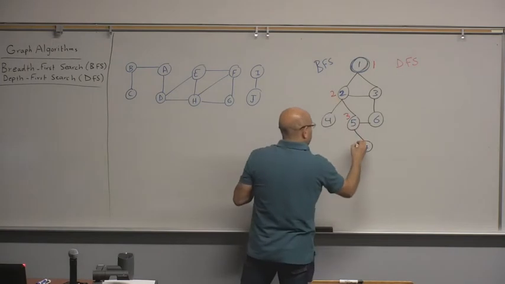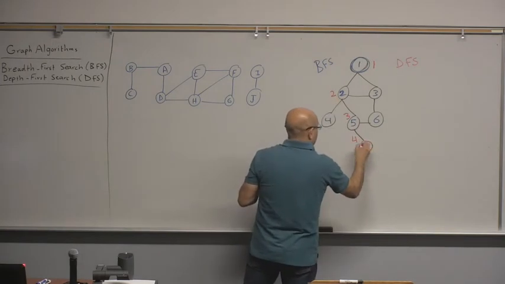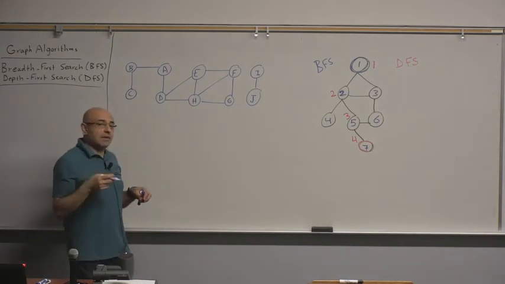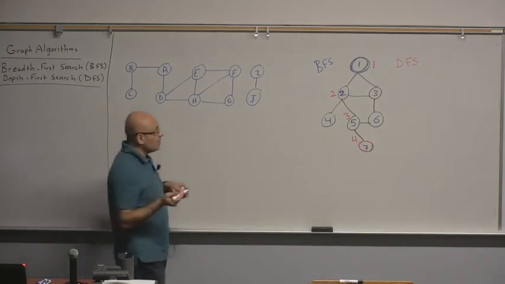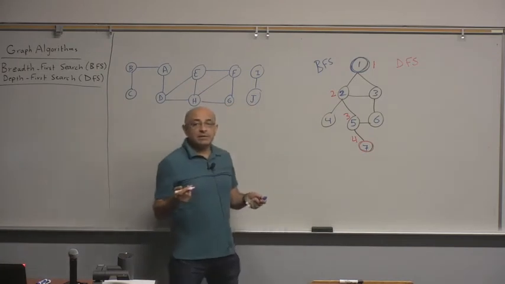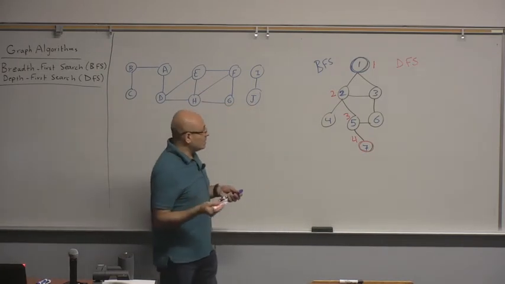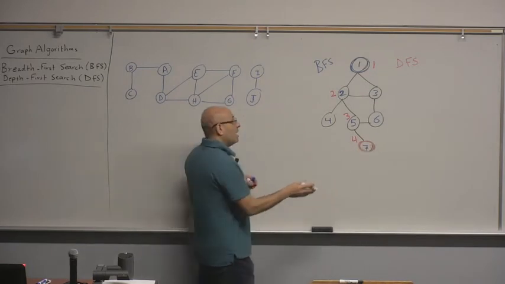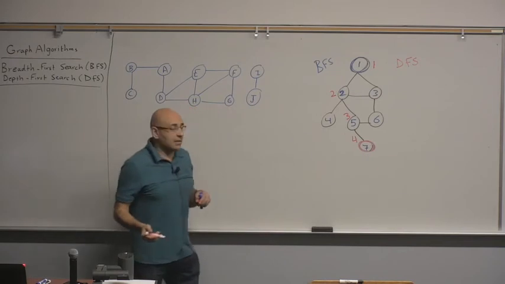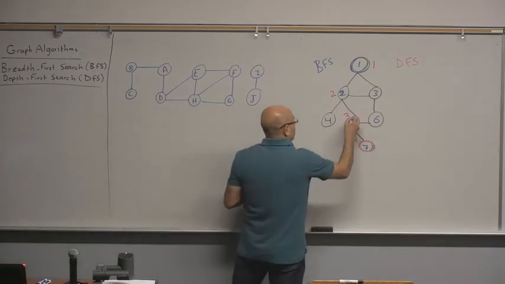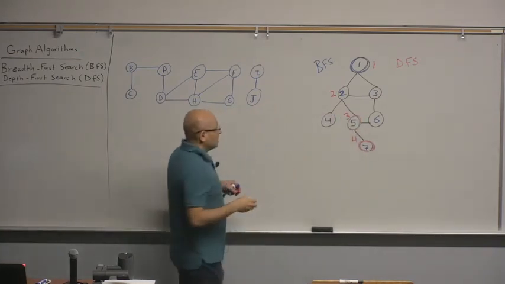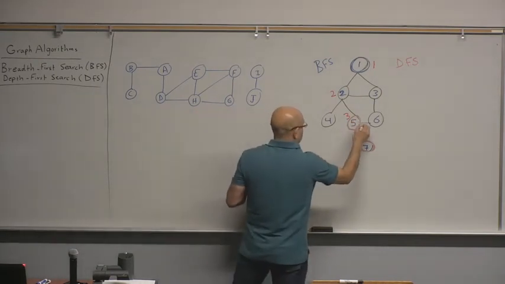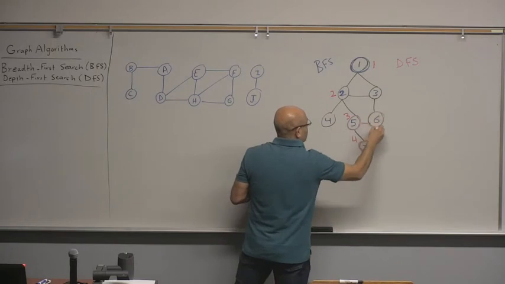Then I will keep going in depth until I hit a vertex that either does not have any neighbors or all of its neighbors have been visited already. So once I hit a vertex like this, I will go back. I will backtrack, and I will go to this vertex at this depth, and then I will possibly go to this vertex, and so on.